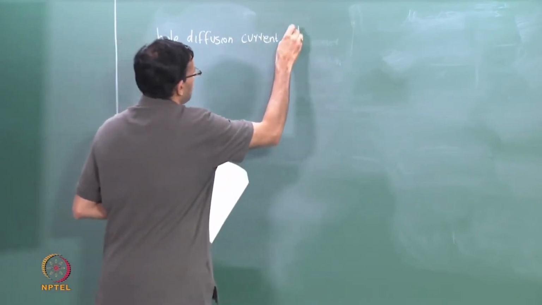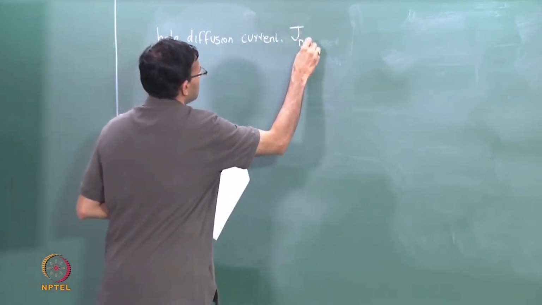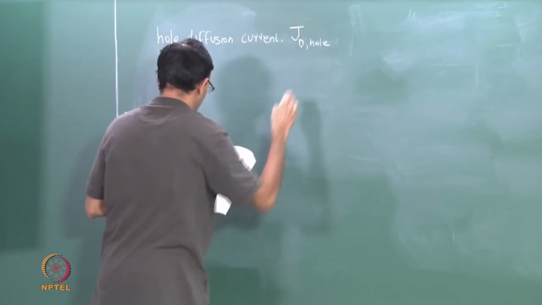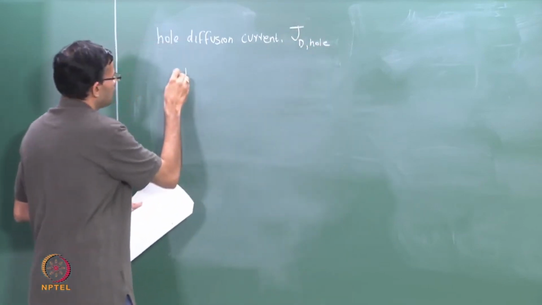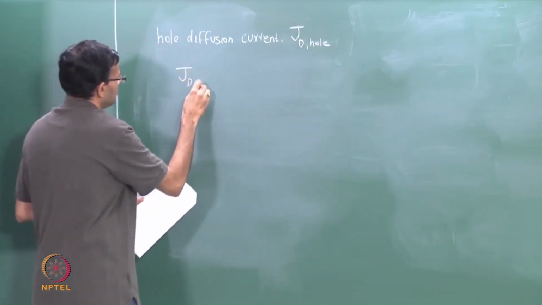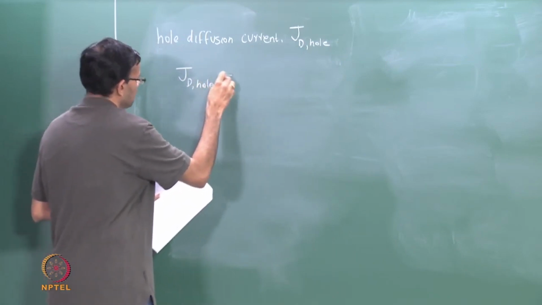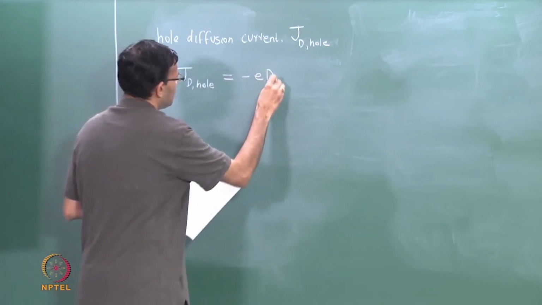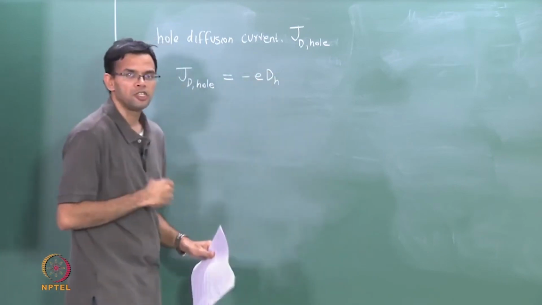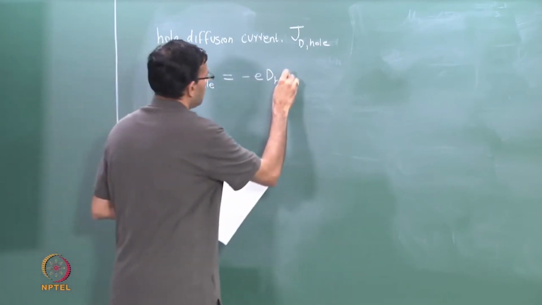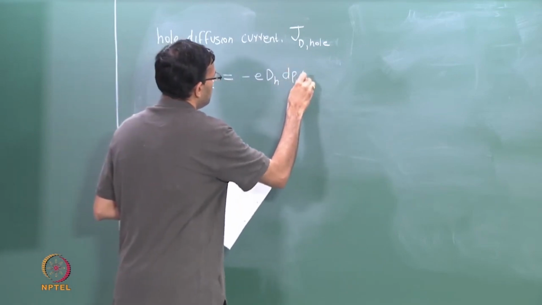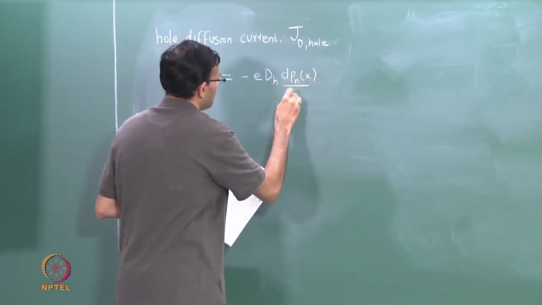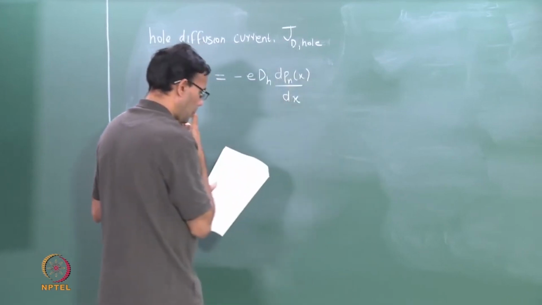I am going to call it J, and the hole diffusion current is minus E, the diffusion coefficient of the holes, times dPn over dx.